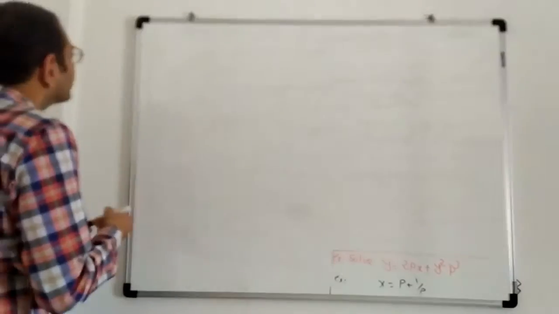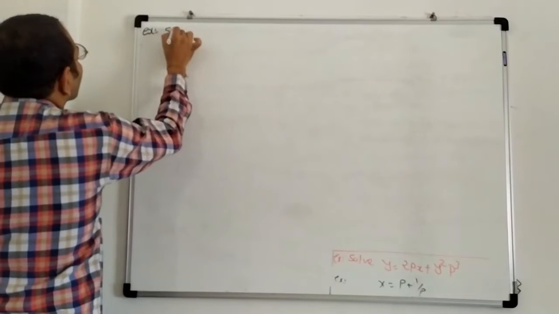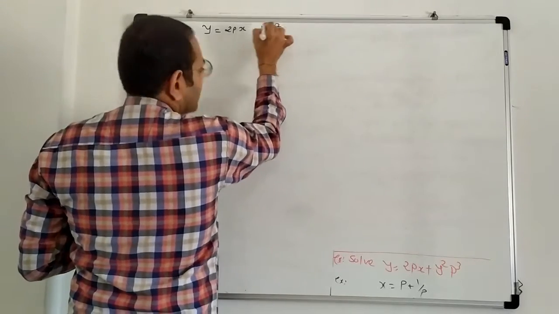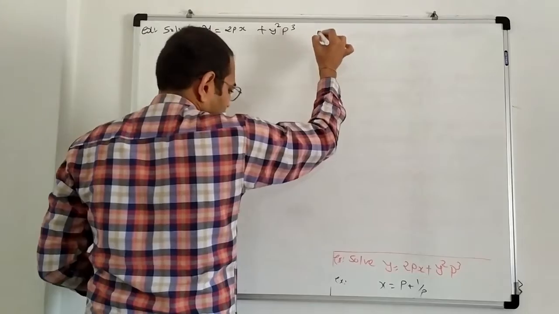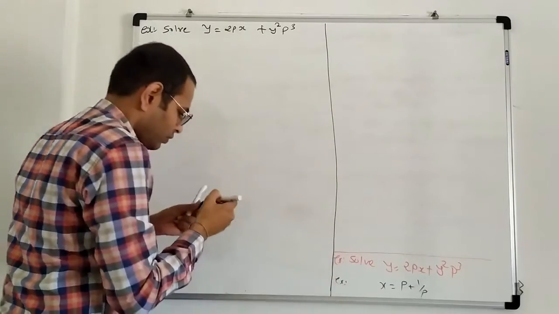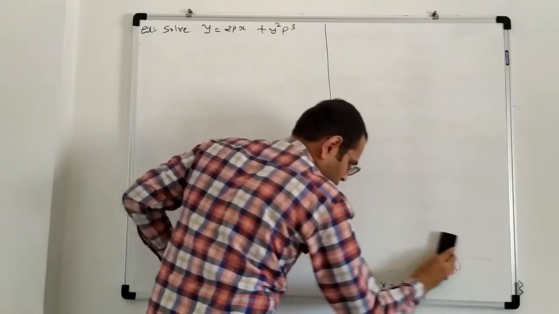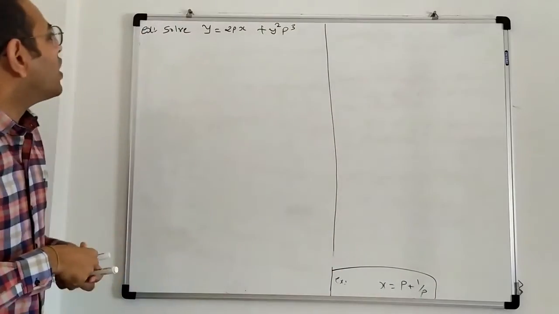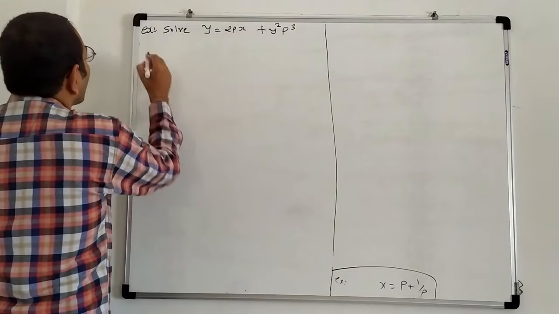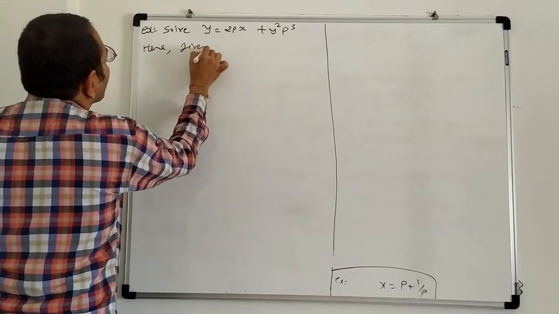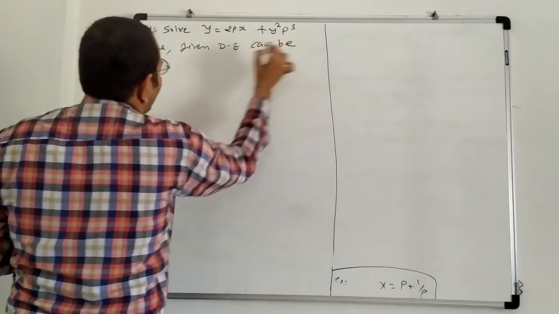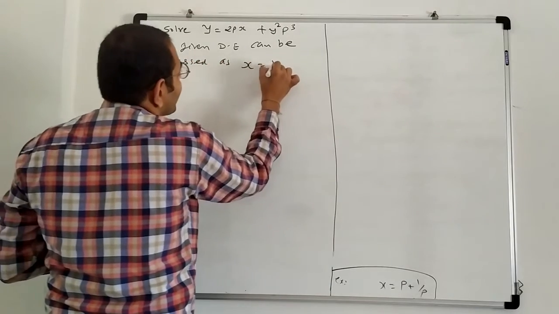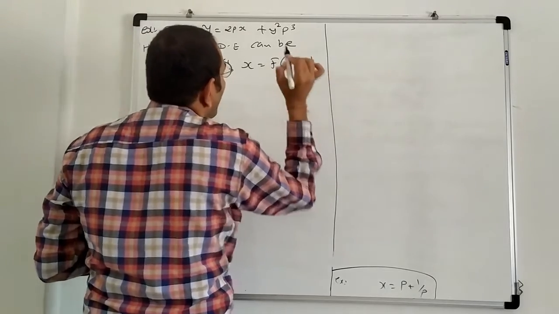First example, solve y equal to 2px plus y square p cube. First, the given differential equation can be expressed as x equal to f of p comma y.